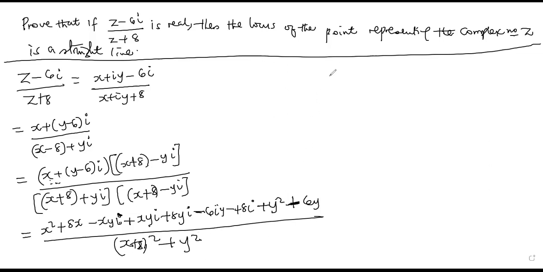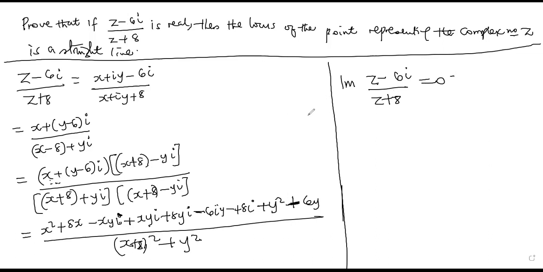But remember, this is what you would get from simplifying. We said that if this is real, then the imaginary part of (z minus 6i) over (z plus 8) should be equal to 0. So we shall look for the imaginary part and we equate it to 0.